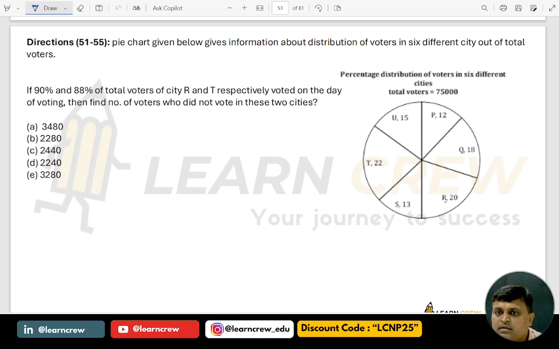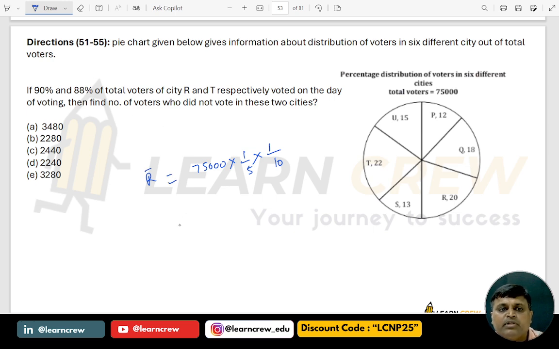So R is 20%, out of 75,000, which is 1/5. Out of this, 90% only voted. So the remaining 10% did not vote. So this is R not voted.